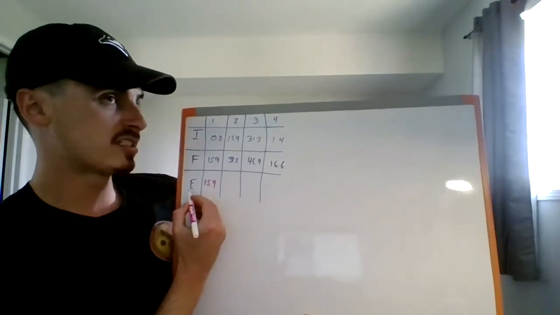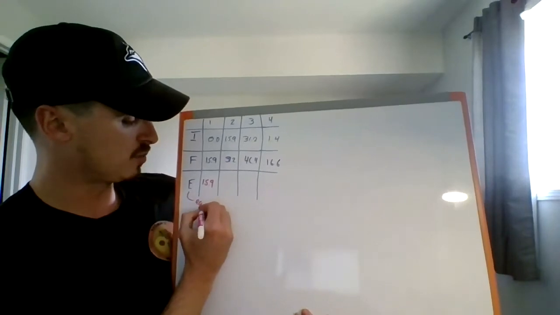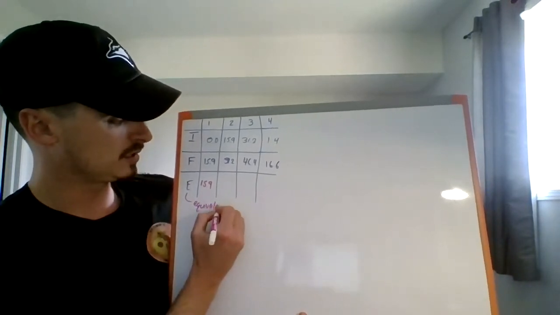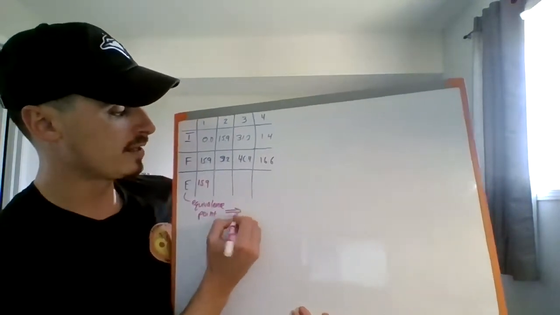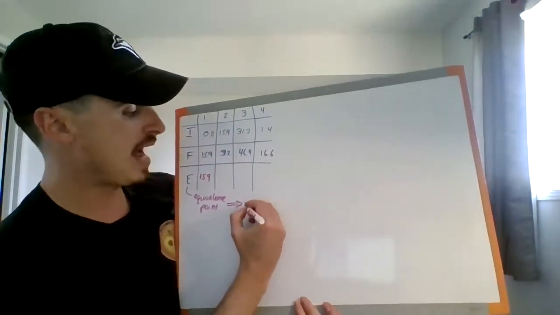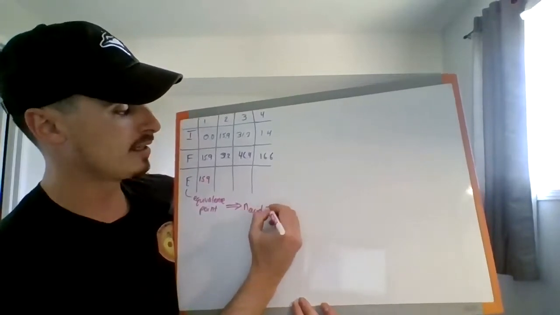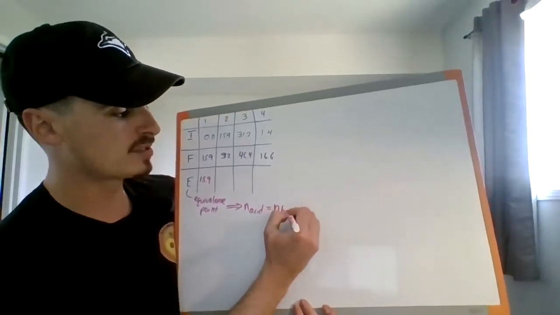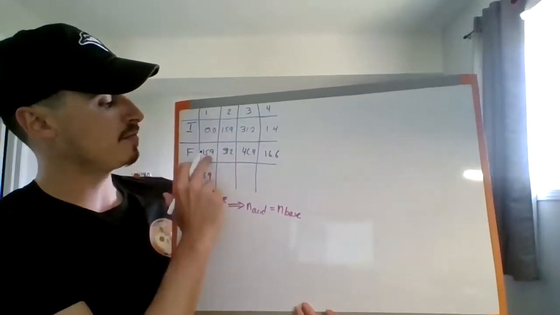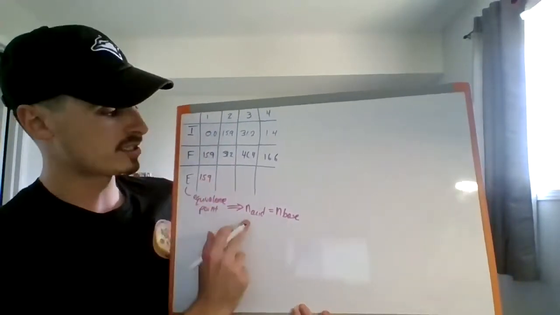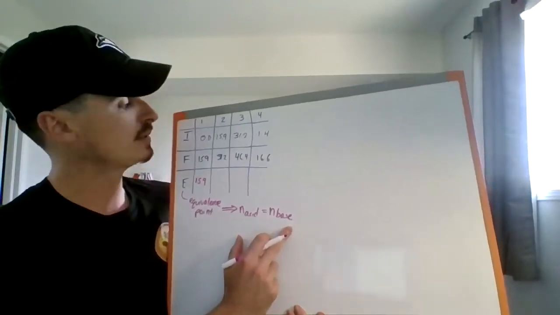The E stands for equivalence point. Now, the equivalence point is how much acid we had to add to equal the amount of base. That's what it means. So in this example, I added 15.9 milliliters to complete my reaction.